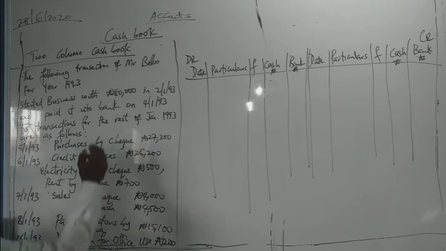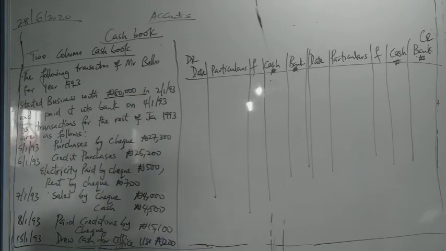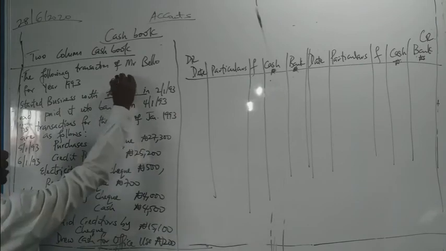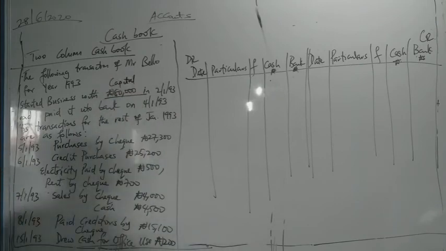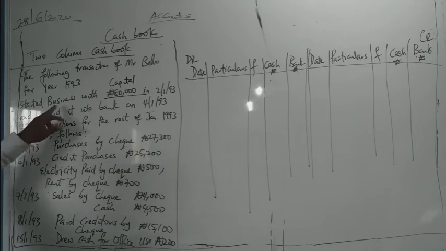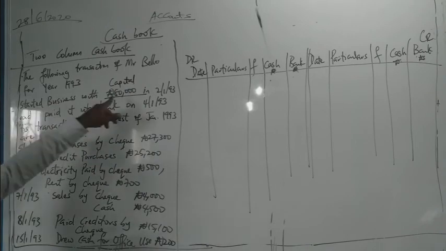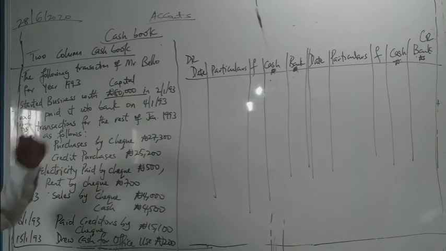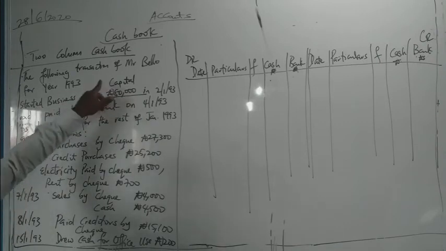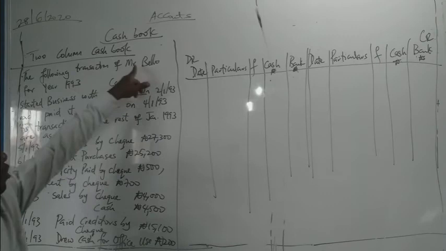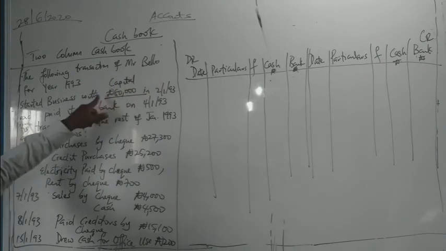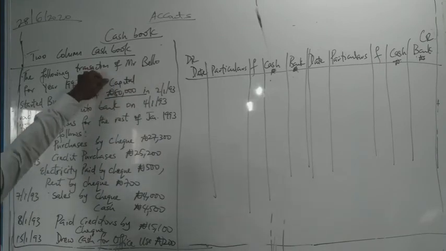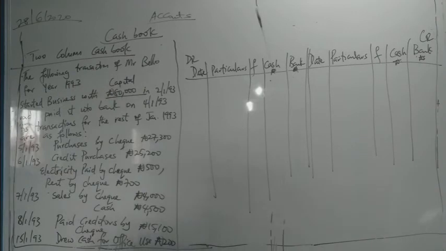Now, this 80,000 naira he started business with is called what? Capital. Very good. So, the business is owing who? The business is owing Mr. Bello, who is the owner, a liability called capital, and the amount is 80,000 naira.